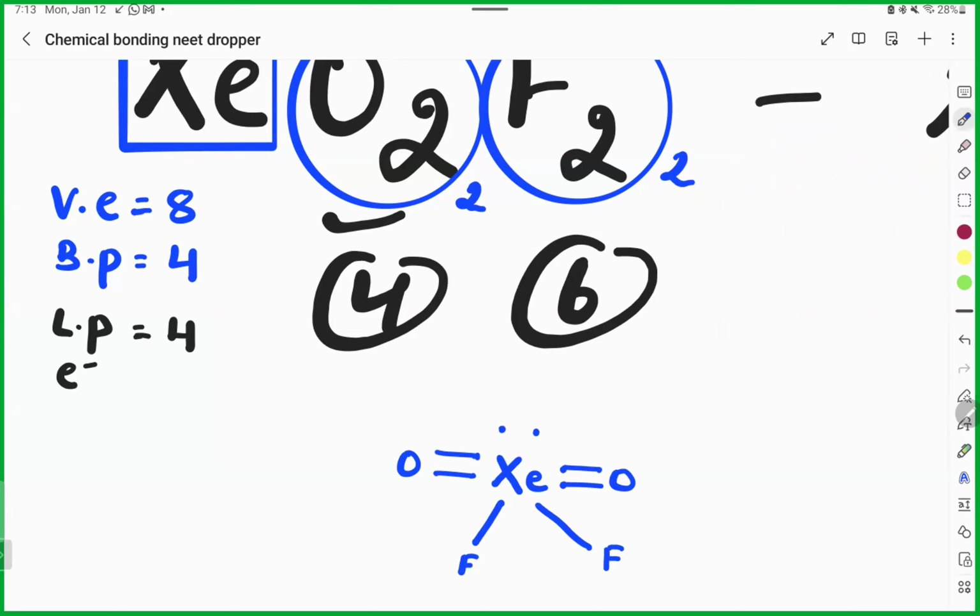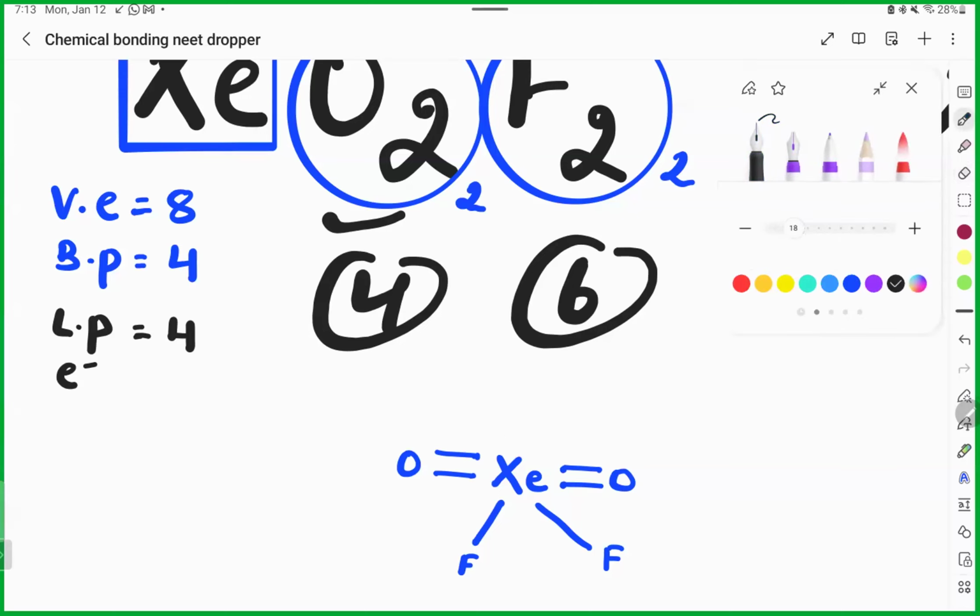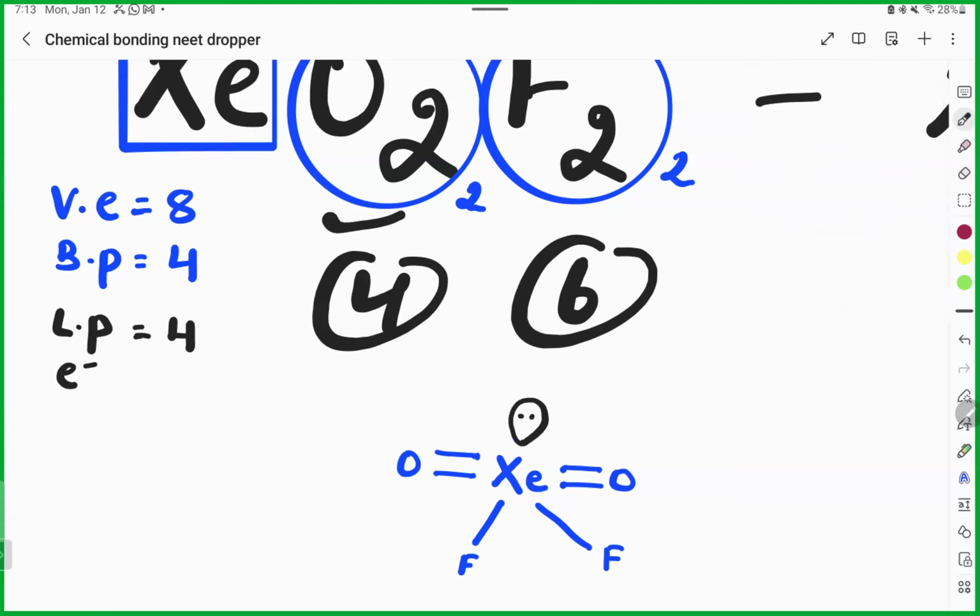Tell me what will happen? What will be the number of lone pairs in this situation, Anvita? 6 electrons are already involved in bond pairs. So the lone pair will be 1, right? Exactly. Understood?